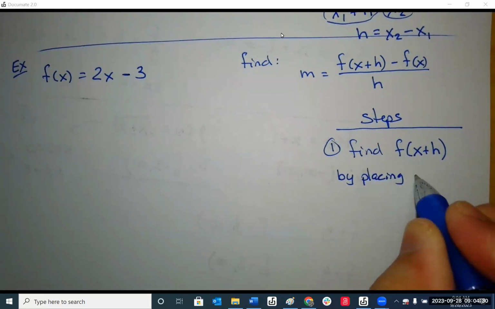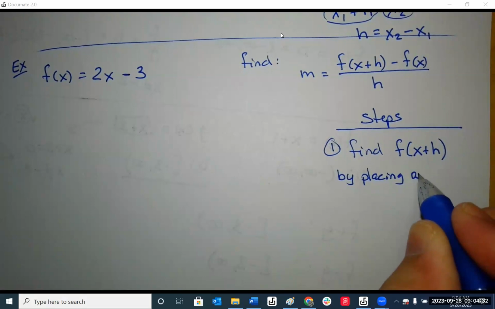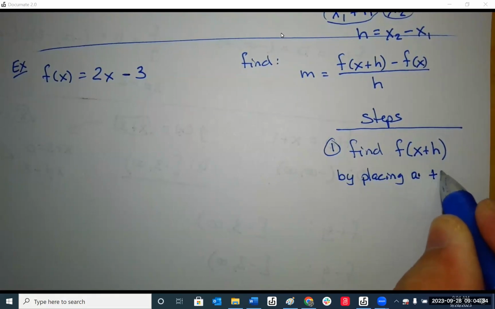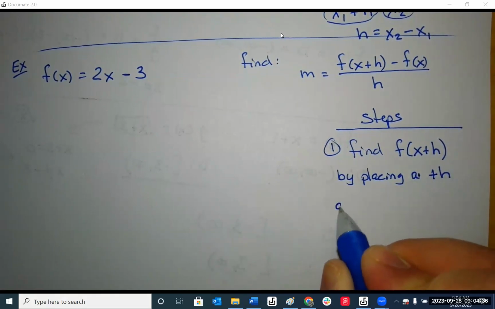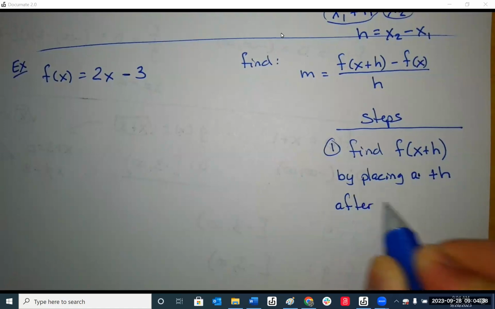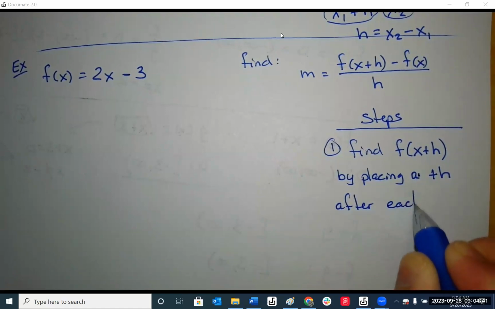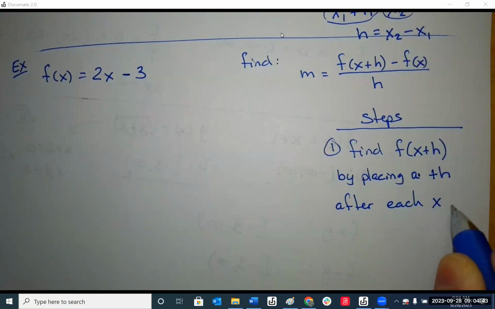By placing a plus h after each x in the function. So anywhere you see an x, put a plus h behind it.